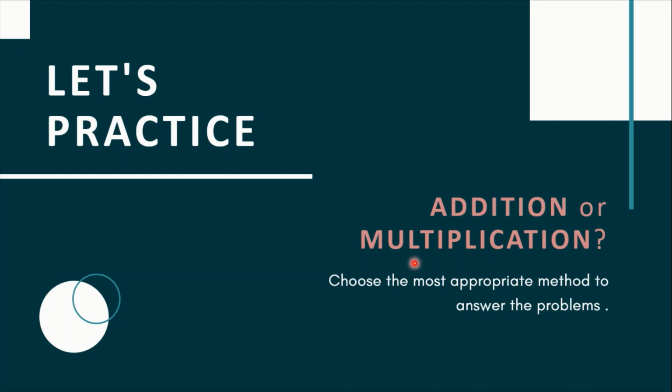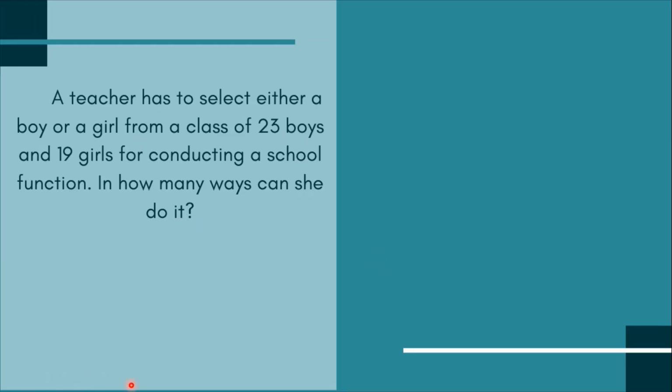So, in this activity, let us choose whether mas appropriate bang gamitin ang addition rule or multiplication rule doon sa given situation. A teacher has to select either a boy or a girl from a class of 23 boys and 19 girls for conducting a school function. In how many ways can she do it?